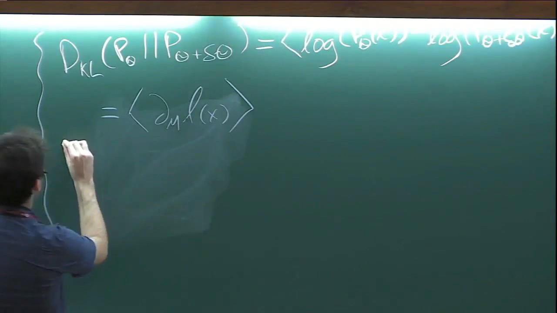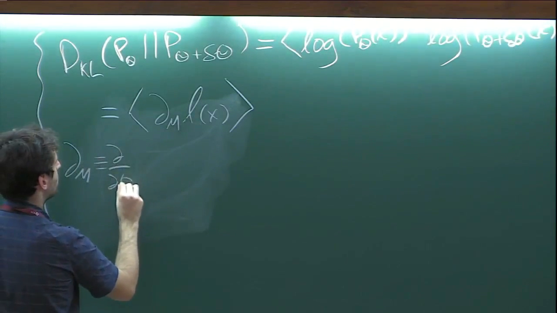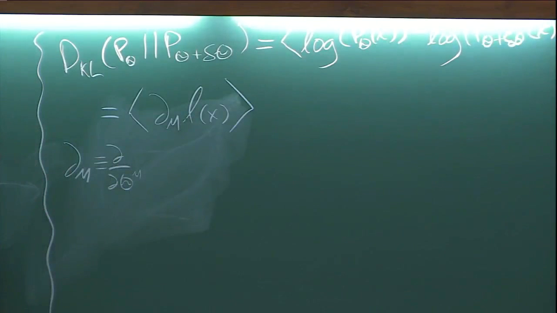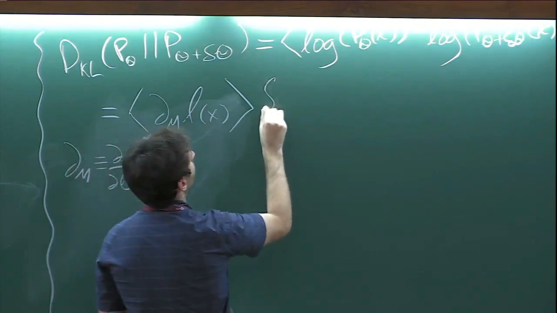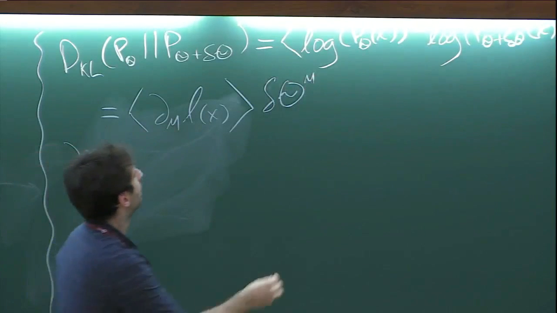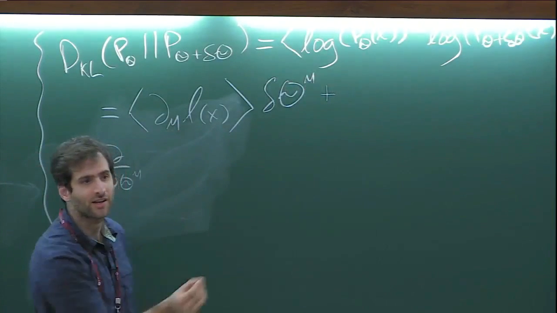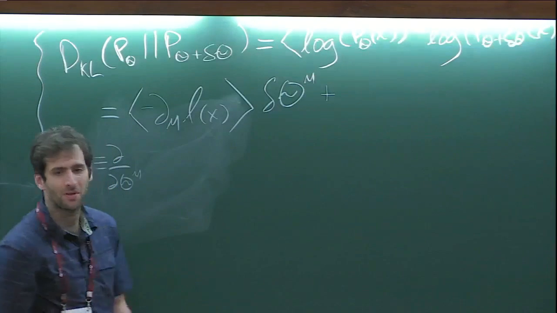And d mu is defined to be d by d theta mu, delta theta mu. There should be a minus sign here, right?